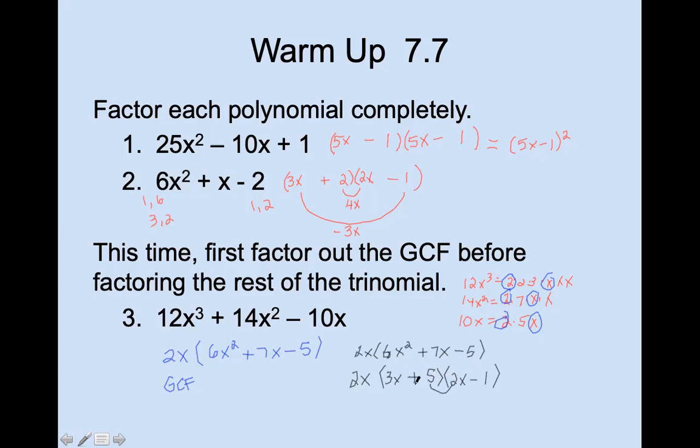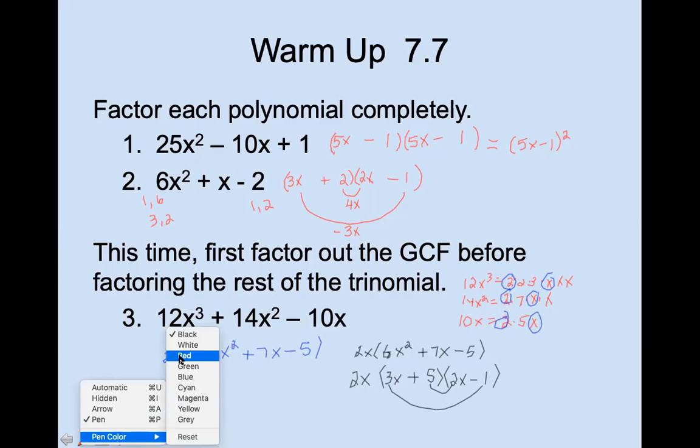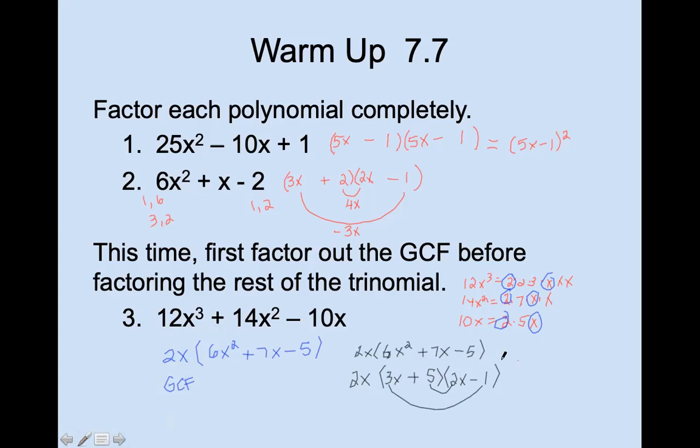Remember, you're combining the inside and the outside to get that middle. 10 minus 3 is 7. So now this entire thing, including the GCF, is my answer. This is the factorization of that. And if you remember the other day, I talked about that this number tells you how many solutions. If I look here, I'd have 1 solution, 2 solutions, 3 solutions for this polynomial.